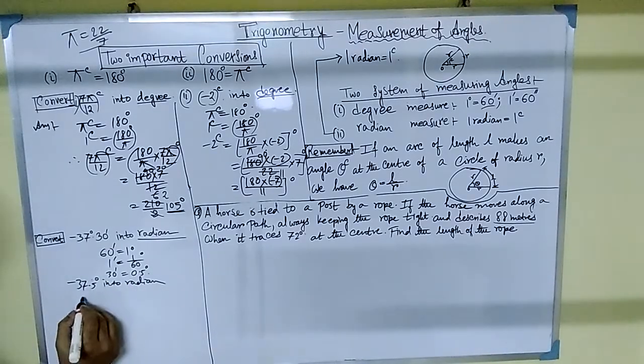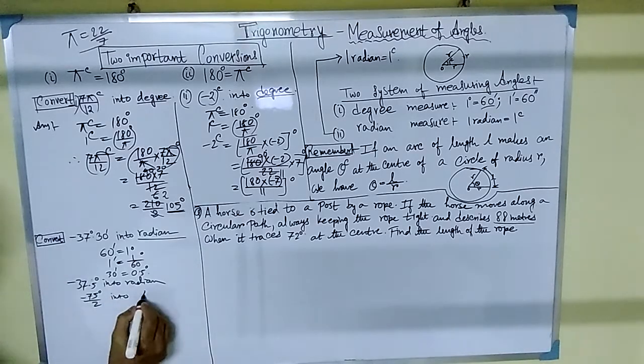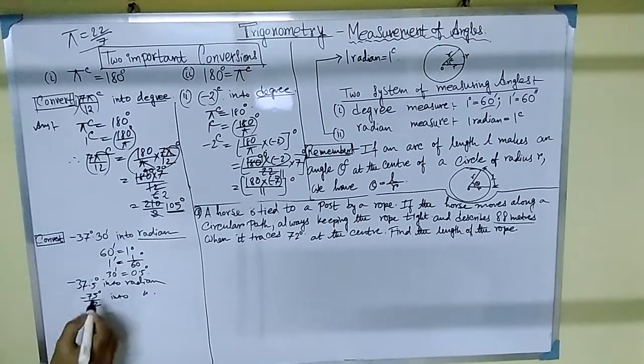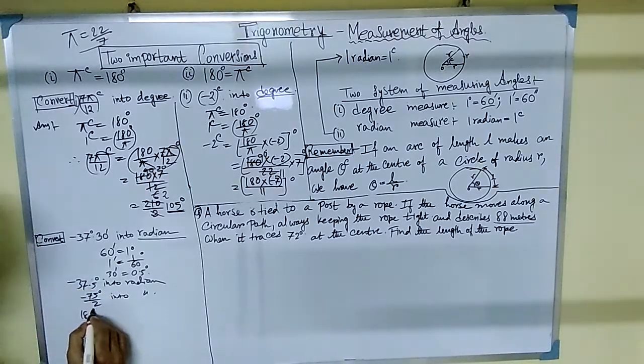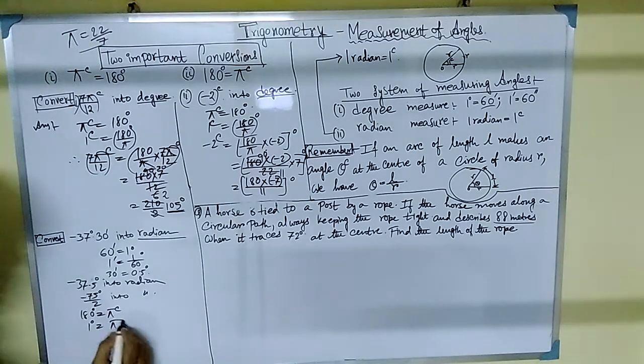This can be written as minus 75 by 2 degree into radian. Friends, how we are going to do: 180 degree is equal to pi radian, 1 degree is equal to pi by 180 radian. Therefore, minus 75 by 2 degree is equal to pi by 180 into minus 75 by 2.